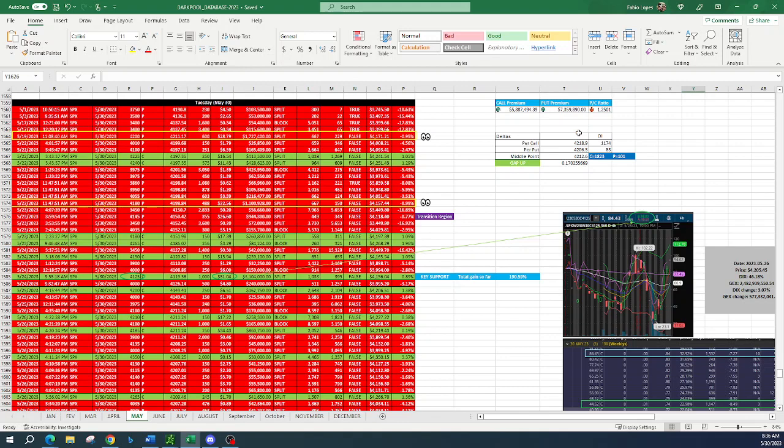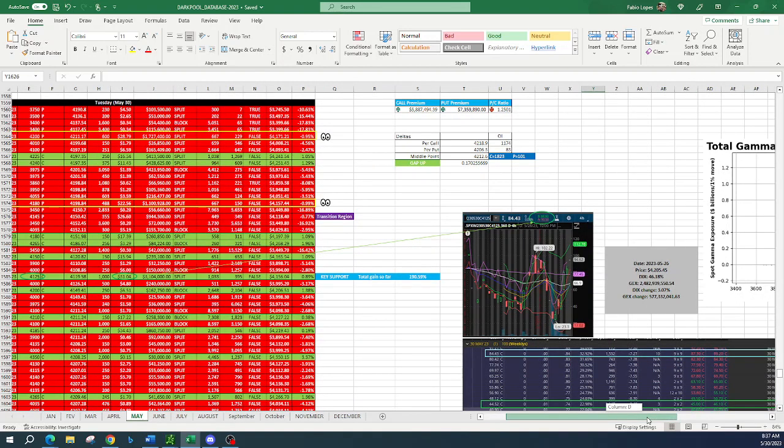Okay, 4,218, the call delta starts to spike, which could tend to bring the market up to 4,235, and below 4,206, the put deltas spike and tend to make us backtest at least those regions over here, 4,198, 4,203.